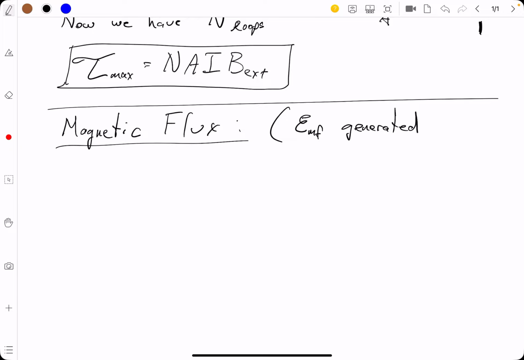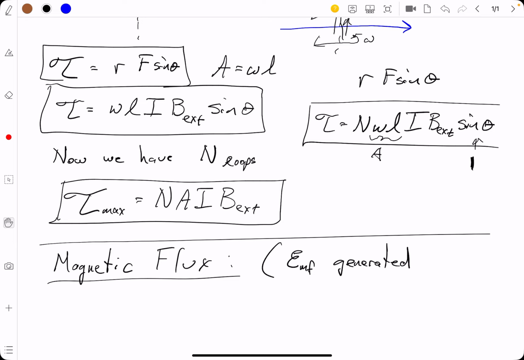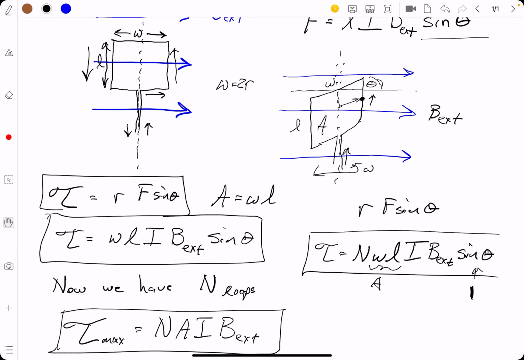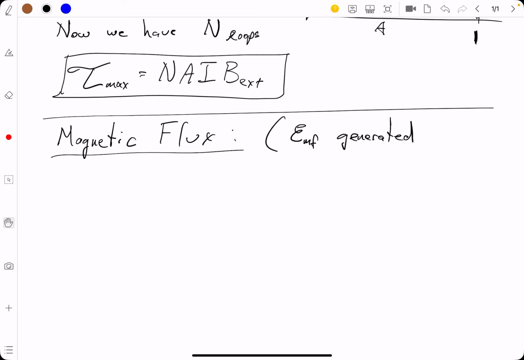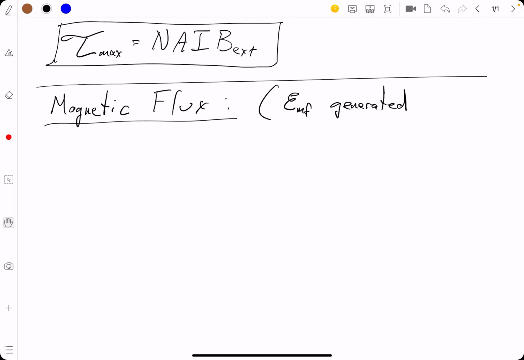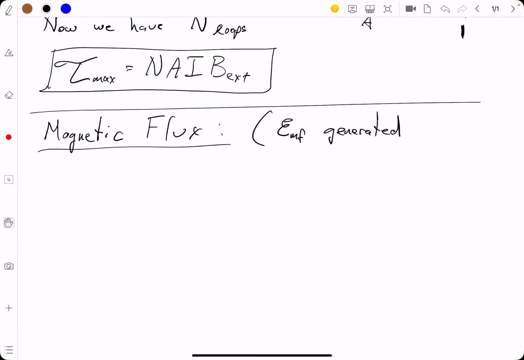And we're doing that because essentially what we just did was we made a generator. So we've made a generator here, and we're going to take this generator and generate current with it. So we have to talk about magnetic flux. We're generating an EMF, meaning we've turned our loop in a B field into a generator.